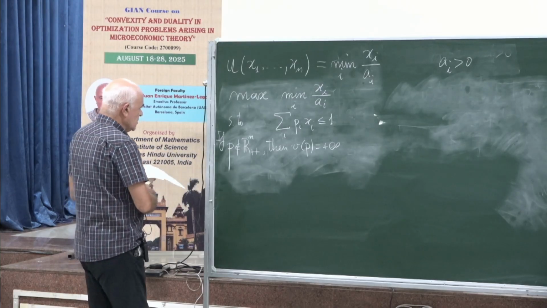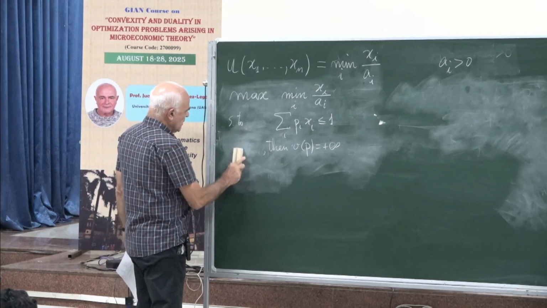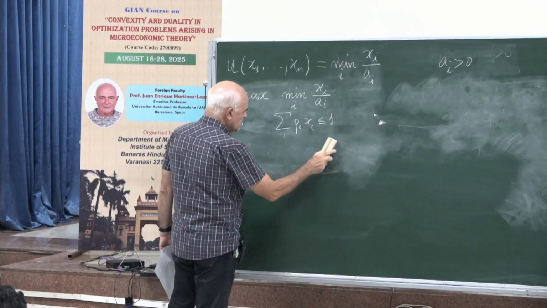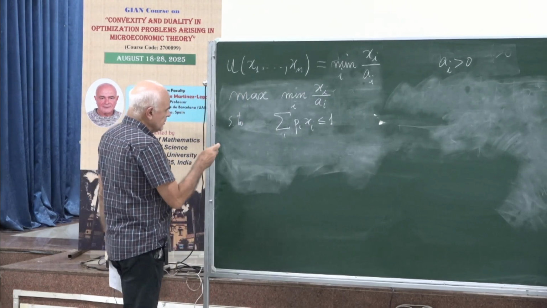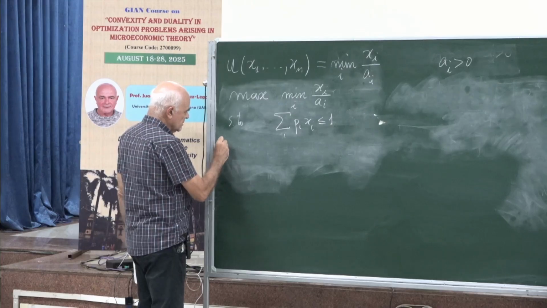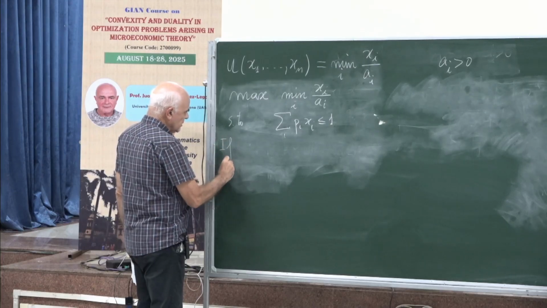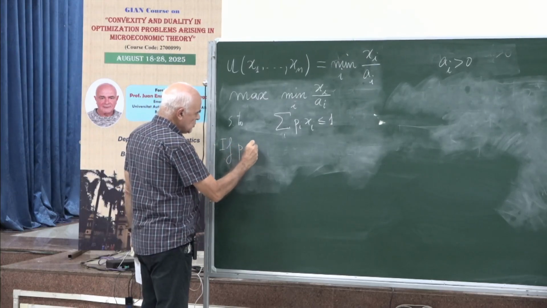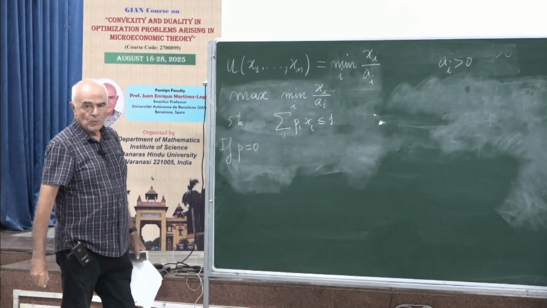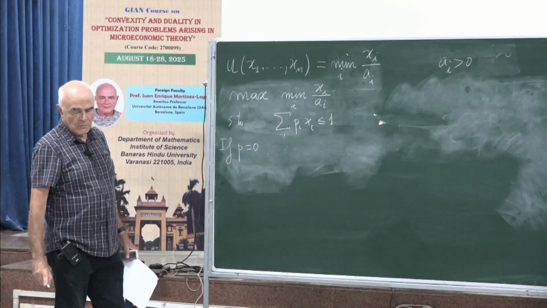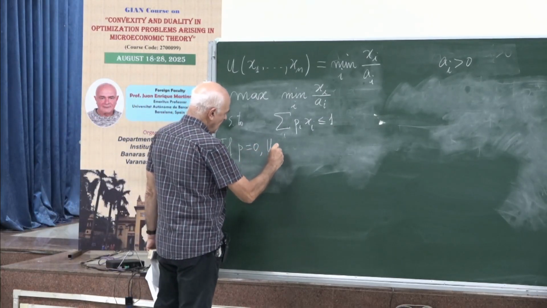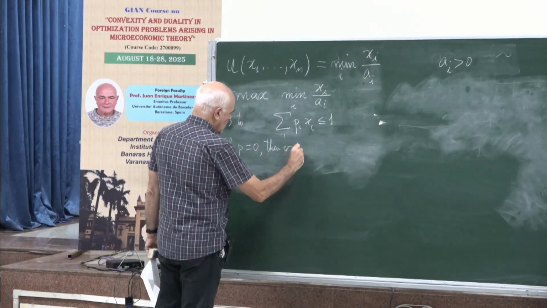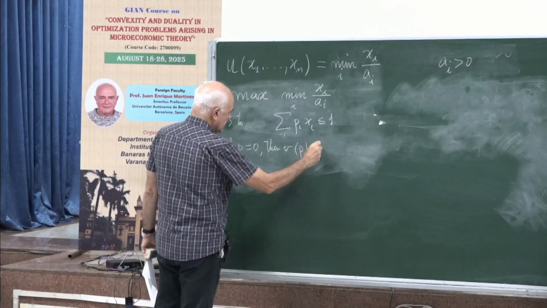No, this is not what I need. I don't need to distinguish between being non-strictly positive or not. The only distinction in order now is P being equal to 0 or P being different from 0. It is when P is equal to 0 that V of P is plus infinity.